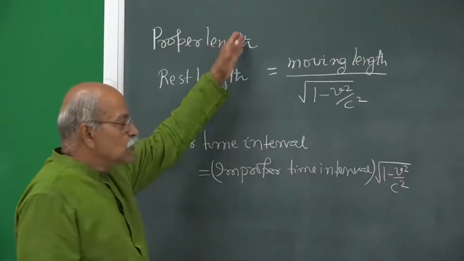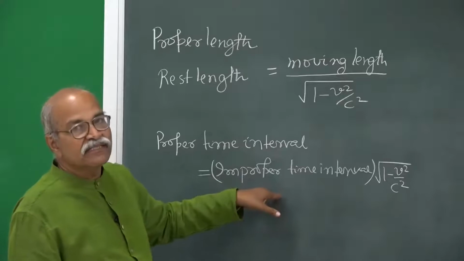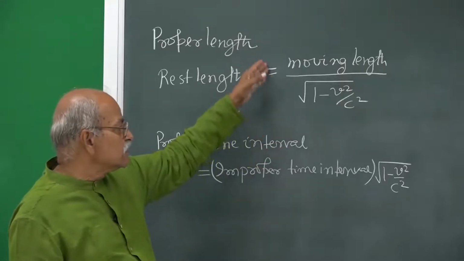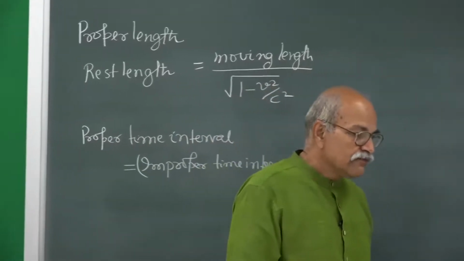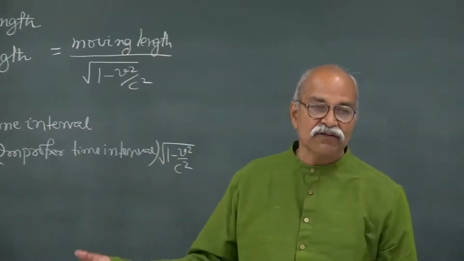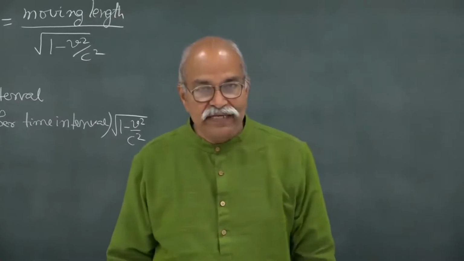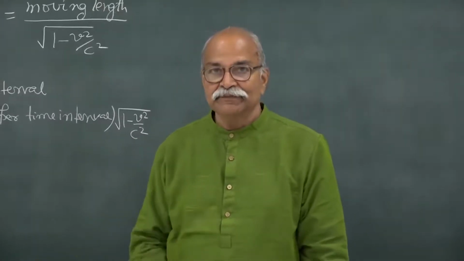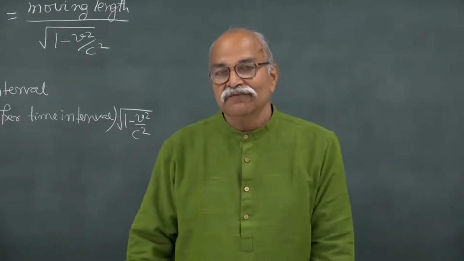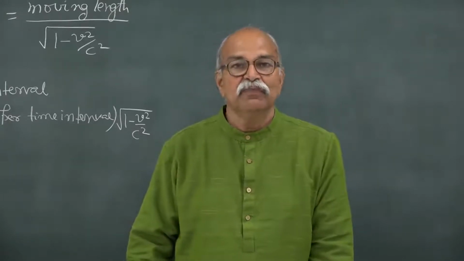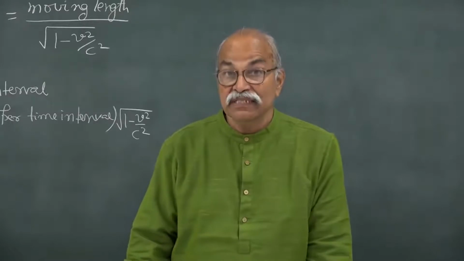So, these are two very famous and important results which come from the Lorentz transformation and which are verified, and they do occur in nature in this particular fashion. In experimental labs, it is not very difficult nowadays to have particles with a speed close to c.